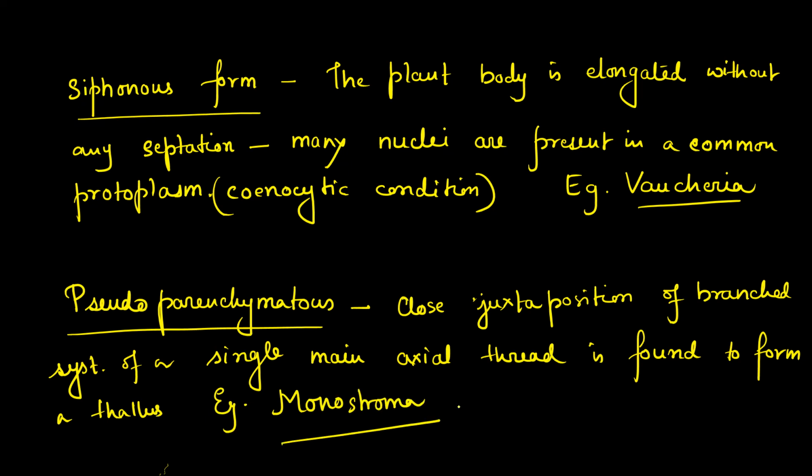Next, we go to parenchymatous. Pseudo is over, parenchymatous form. Here, what do we see? The parenchymatous form of the plant body is a modification of the filamentous habit. Fine.